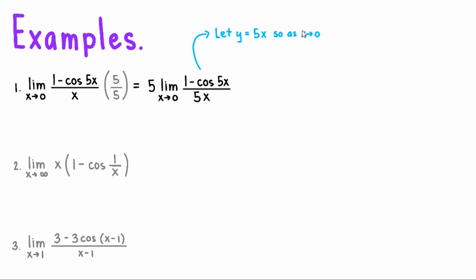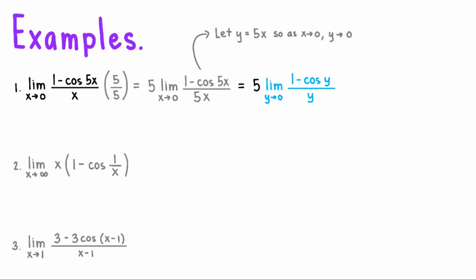Well, take note first that we have x approaching 0 out here. So as x approaches 0, y will also approach 0. This means that we can express the limit out here as the limit of 1 minus cosine y all over y as y approaches 0.